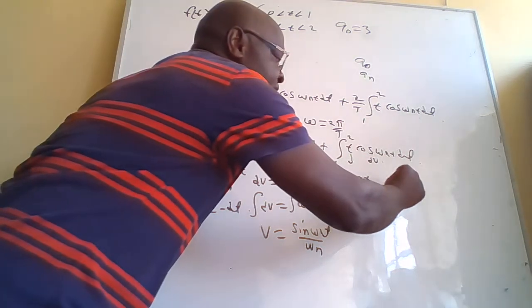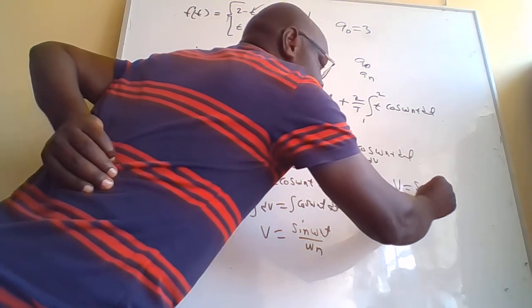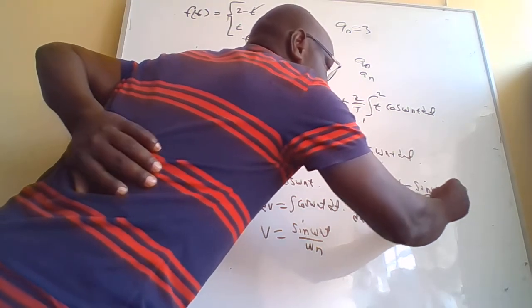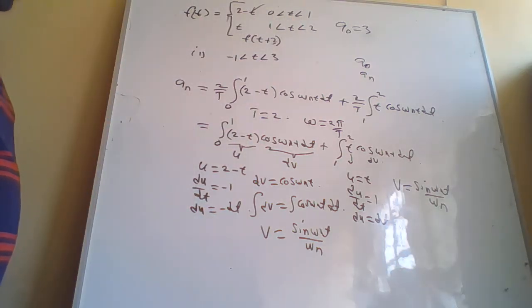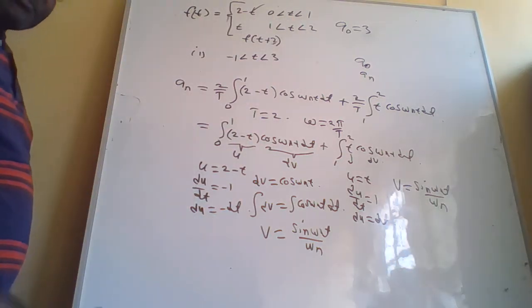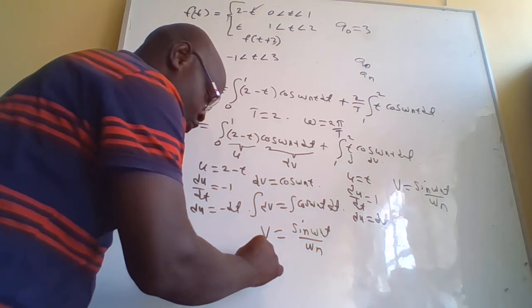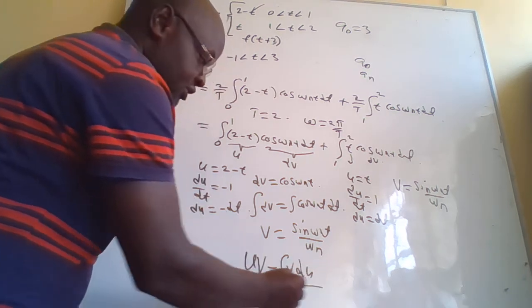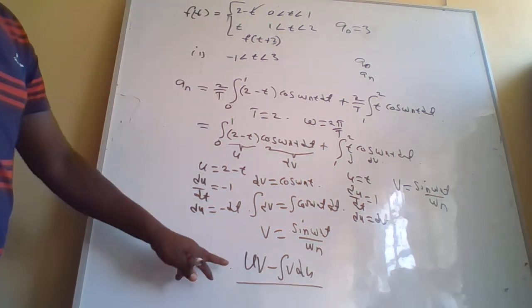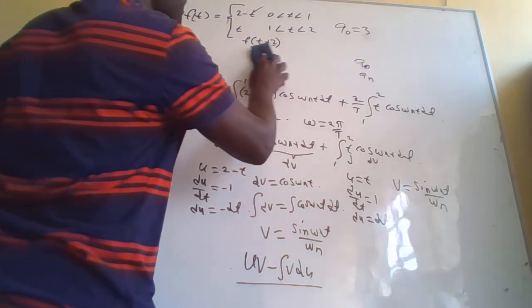And here, the value of v will be equal to sin(ω_n t) over ω_n. And remember the formula for integration by parts. Now we want to replace this around here.